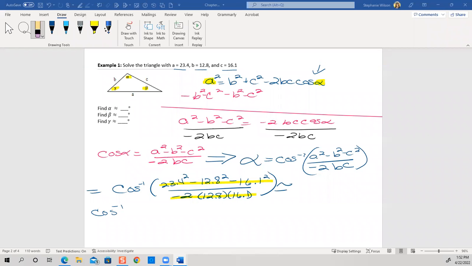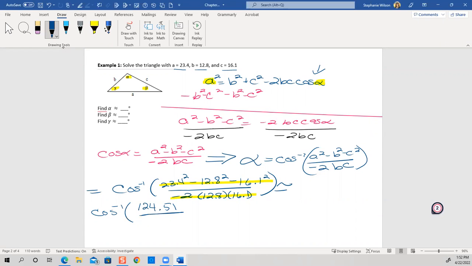So I'm typing in my calculator the numerator: 23.4 squared minus 12.8 squared minus 16.1 squared. And I get 124.51. If you're not sure, you can always double check your answer.